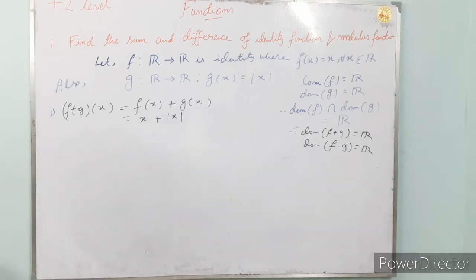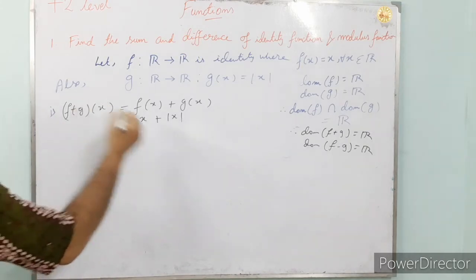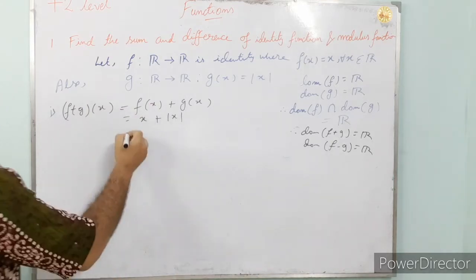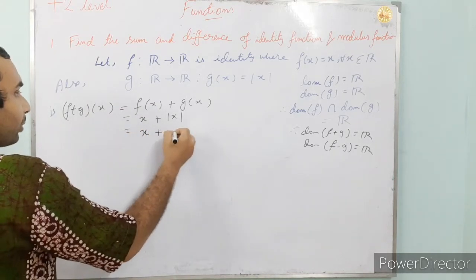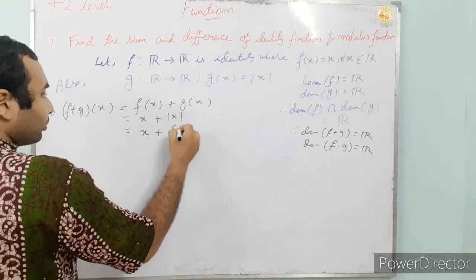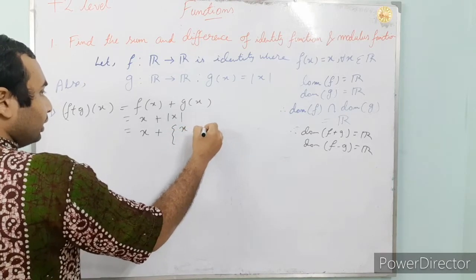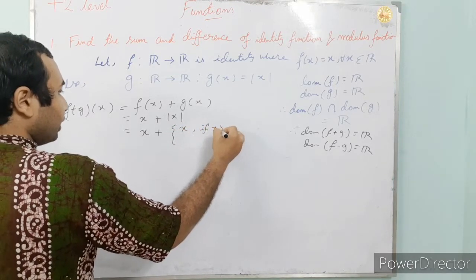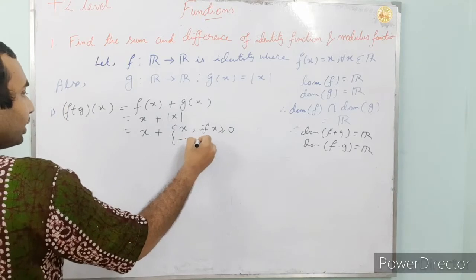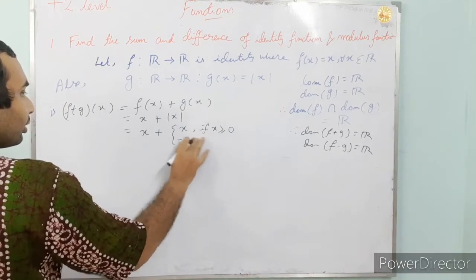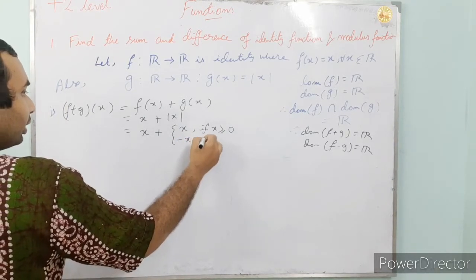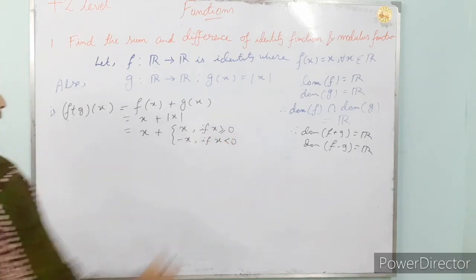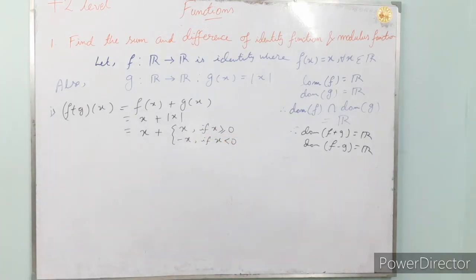Now mod x means what? x if x is greater than or equal to 0, and minus x if x is less than 0. This is the definition of the modulus function.